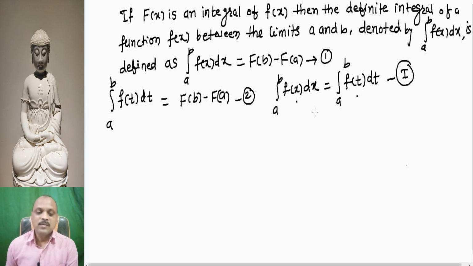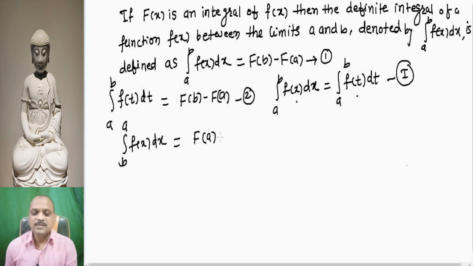Okay, now let us take the integral of f of x between the limits b to a. This is equal to F of a minus F of b by definition, and we can write it as minus of F of b minus F of a, which equals minus the integral a to b of f of x dx.